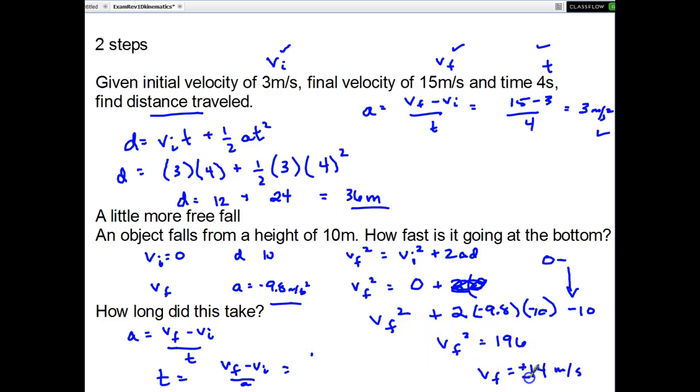Velocity is actually plus or minus 14, and in this case it was moving down, so it was minus. So our final velocity is negative 14, our initial velocity was 0, and our acceleration is negative 9.8 meters per second squared. So 14 divided by 9.8 is 1.4, about 1.4 seconds.